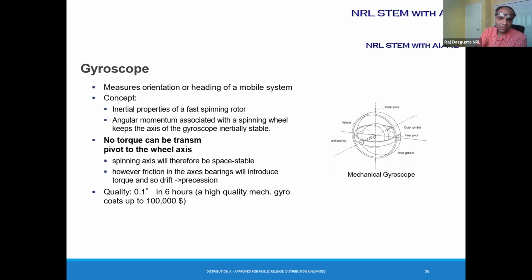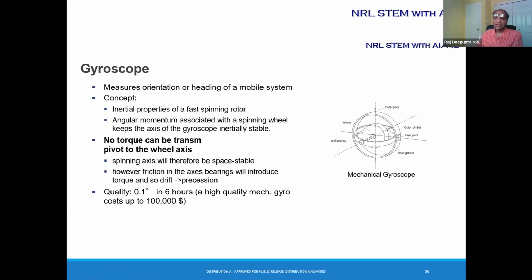So let us go a bit into the concepts or the principles underlying each of these sensors. First I talk about the gyroscope. As the picture shows here, this is a mechanical one. There's a rotor at the center of it, which moves at a very high speed. And then you have two gimbals around it.